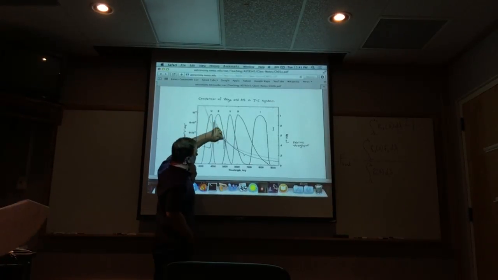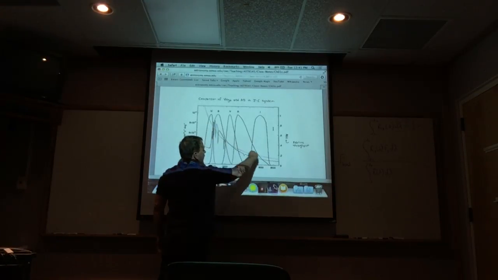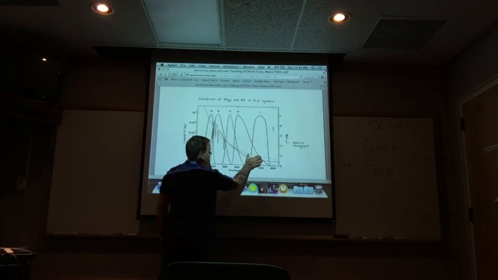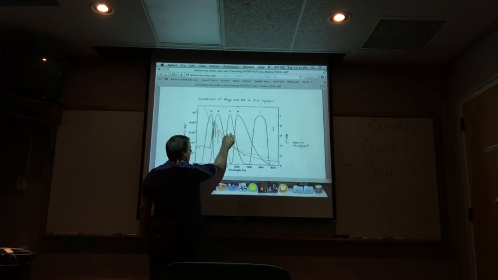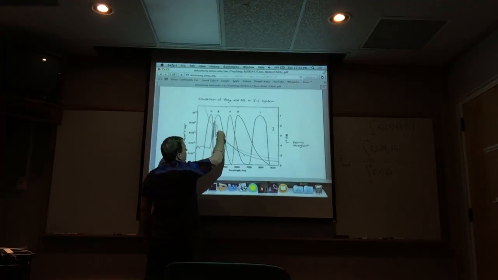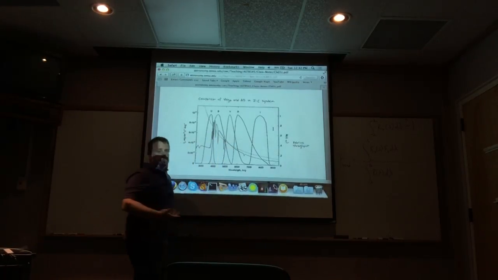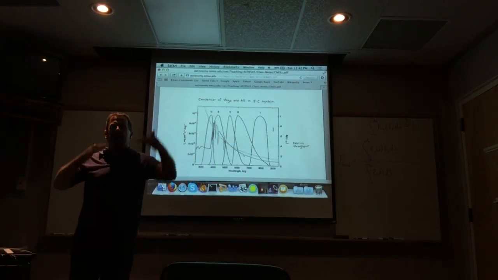Well, this one looks like it measures the slope pretty well. The slope's kind of flattened out through here a little bit, and this R band's got this horrible high-pass filterage to it. But the V and the B, there's not a whole lot of overlap, and you're measuring this region versus all this light through here. So B minus V, pretty good.